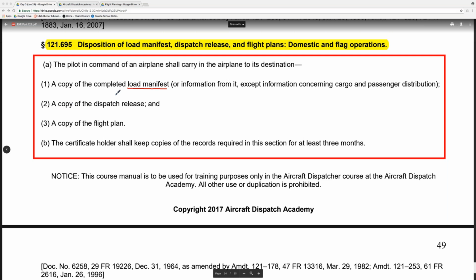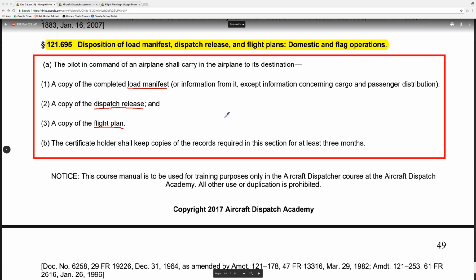What are the 3 things that the pilot in command is required to carry with him to the destination? Okay, sorry. So here are the 3 things that they're required to carry: the load manifest, the dispatch release, and the flight plan. Okay.